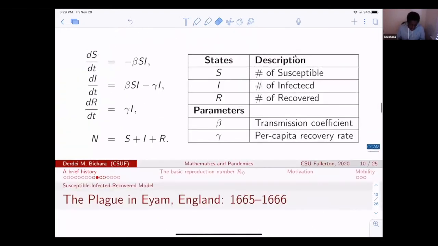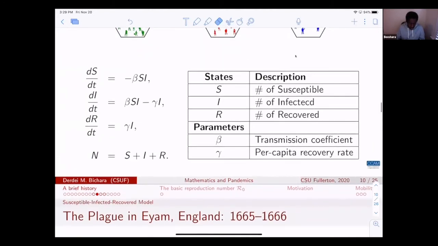So Kermack and McKendrick had the system, but they wanted to test this on an actual disease. And of course, the most difficult part is how to estimate beta and gamma.